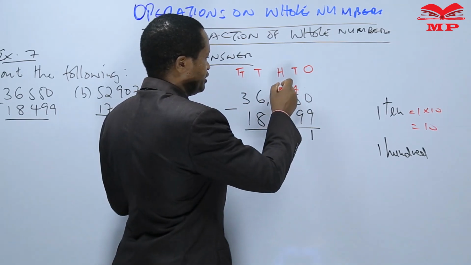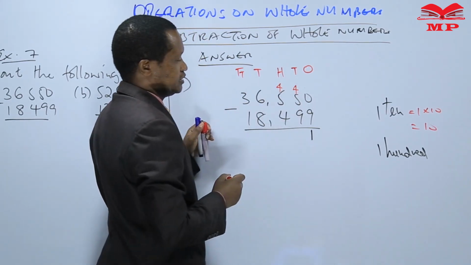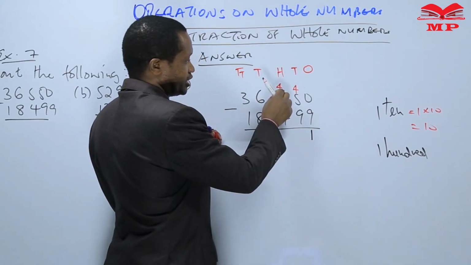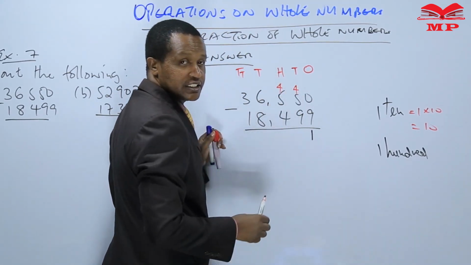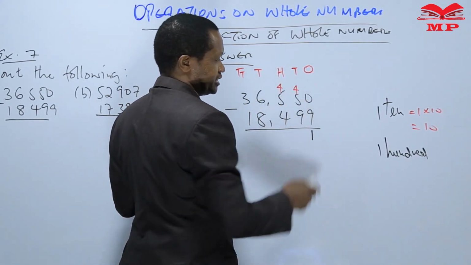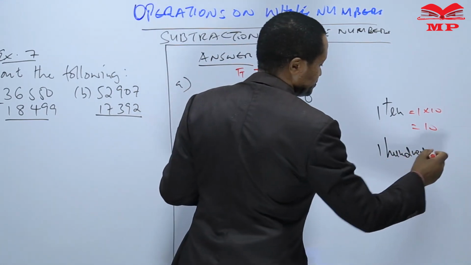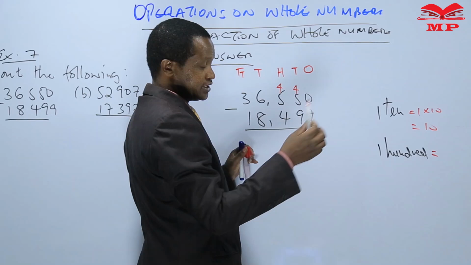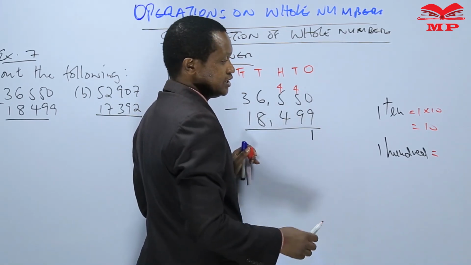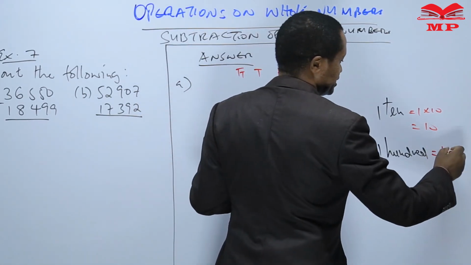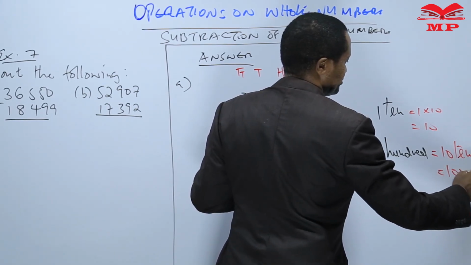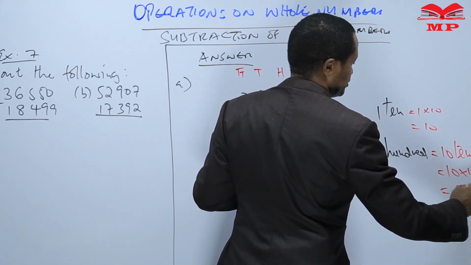We convert this 100 to tens: 100 is equal to 10 tens, because 10 times 10 is equal to 100.